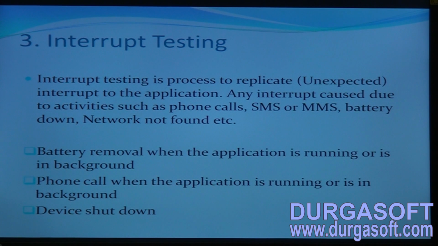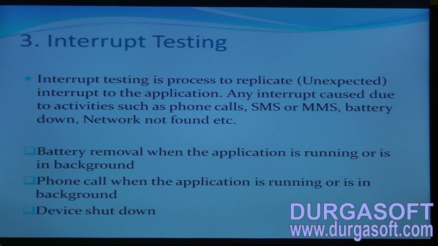Or if you run an application on mobile, sometimes you will get calls. What is most important to a mobile is its main functionality, calls or SMS. So if you develop an application, it should not affect the main functionality.